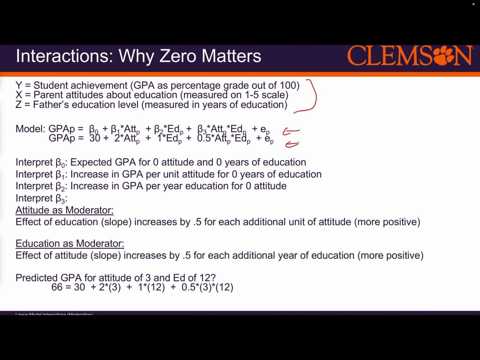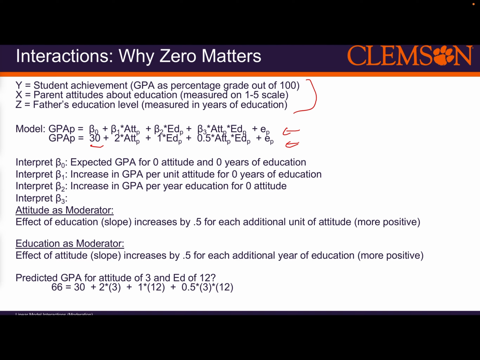Let's interpret some parameters. What does the intercept of 30 represent? The intercept of 30 represents the expected GPA for a student whose parent had a 0 value for attitude and had 0 years of education. So that's kind of odd. There may be parents with 0 years of education.